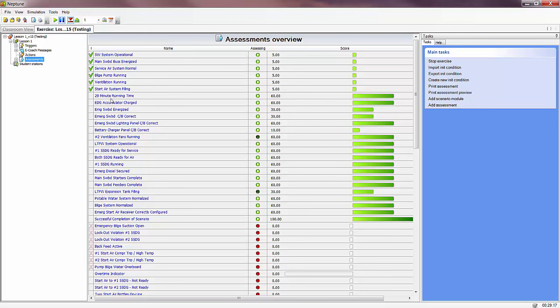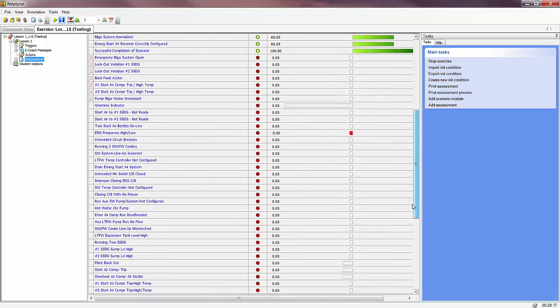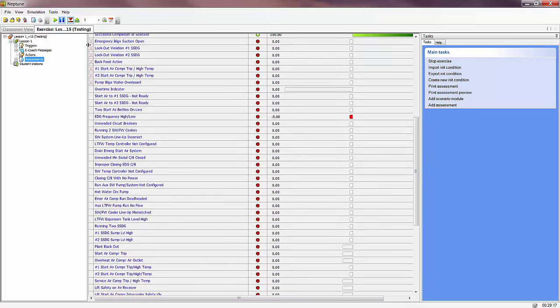Then each of these other green indicators are additional assessments that add to that, I don't want to say grade, but add to showing that you have correctly completed the assessment. Now, if we come down a little bit, these X's are critical errors that you cannot make.